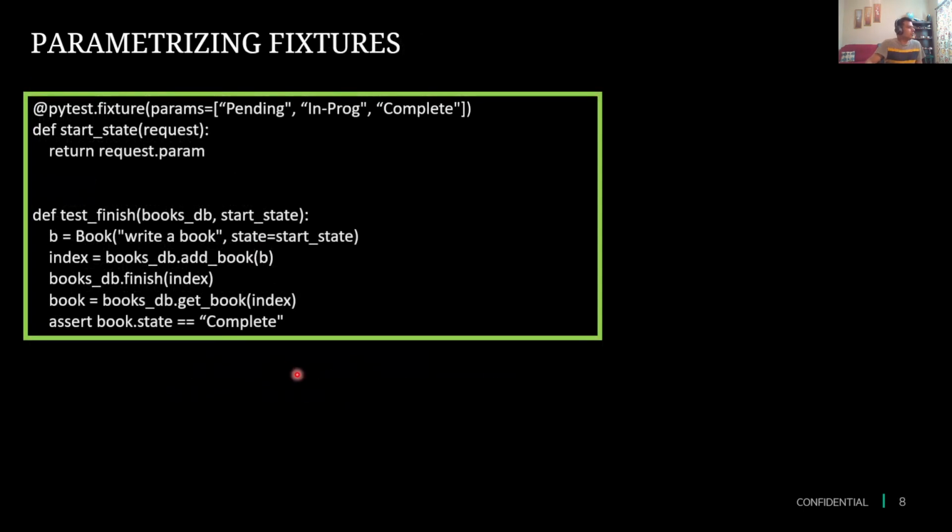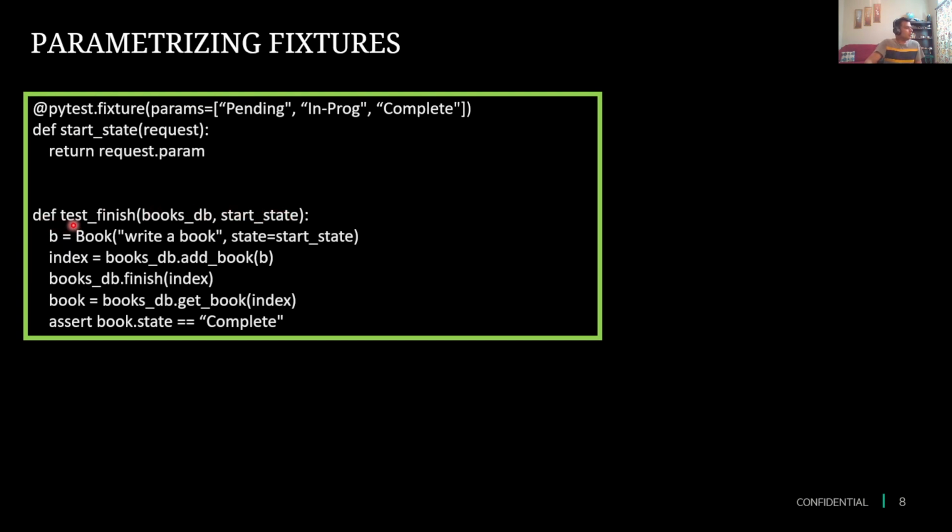Now see the parameterizing of the fixture. In the fixture, the way we have been creating a fixture, we'll say @pytest.fixture, and we are giving the params data. We define start_state, and while creating a test case, we will use start_state as a fixture.